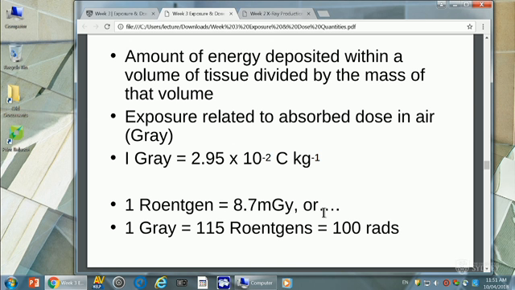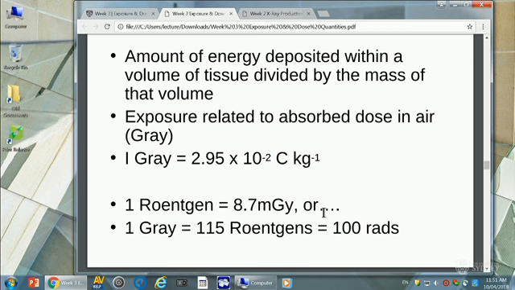If you've got a sievert, that equals 1,000 millisieverts, and a sievert equals 100 rem. That means there must be 10 millisieverts to 1 rem. That's what that means. I never use the rem. We will use sieverts and millisieverts in most of our discussions.